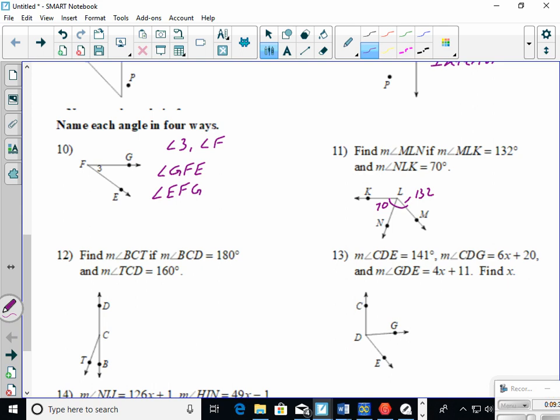We're trying to find MLN. So it's going to be the difference between 132 and 70. So 132 minus 70. Measure of angle MLN is going to be 62 degrees.